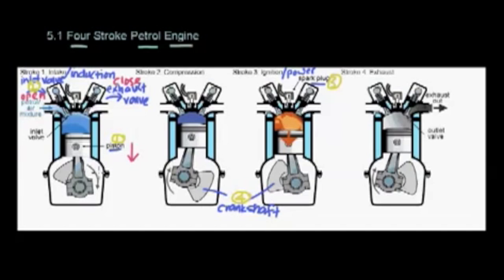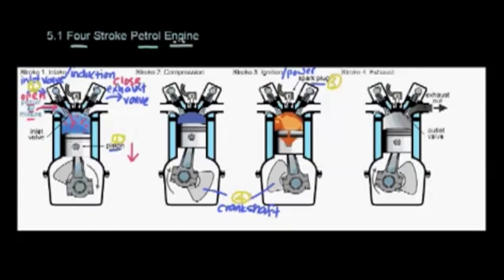So the mixture of petrol and air can be sucked into the cylinder through the inlet valve, and the inlet valve will close when the piston reaches its lowest position. So during the induction stroke, petrol and air mixture is actually being vacuumed into the cylinder. And now what happens to the petrol and air? They will be compressed. So it leads us to the compression stroke.